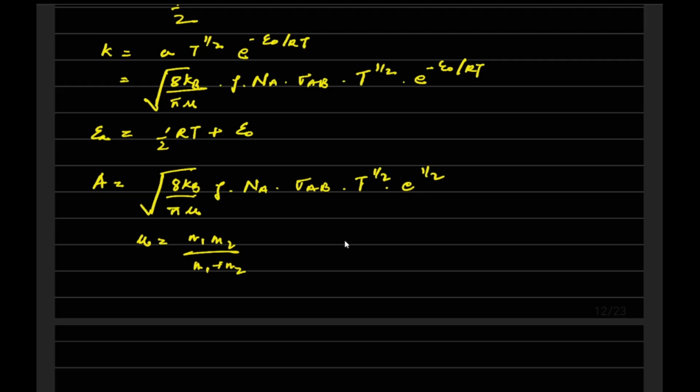Okay, and here sigma AB is nothing but pi dAB square, where dAB is equal to dA plus dB by 2.